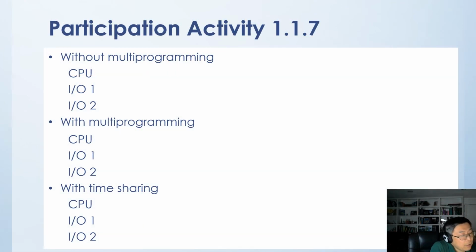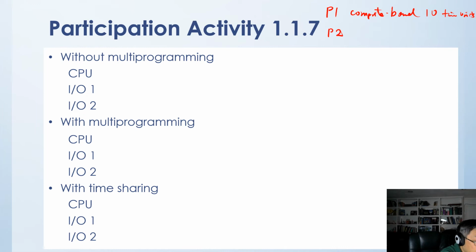Okay, let's provide answers for each of the cases. Remember, the processes P1 and P2 each are going to execute a computer bound phase of 10 time units. Those time units could be a second or a microsecond or whatever.